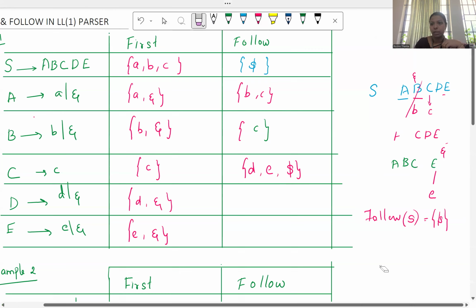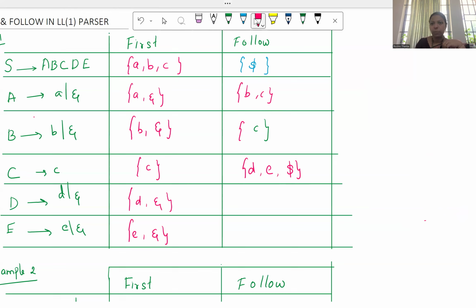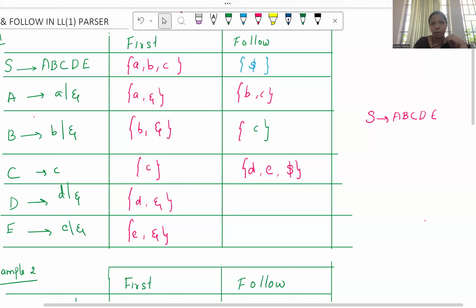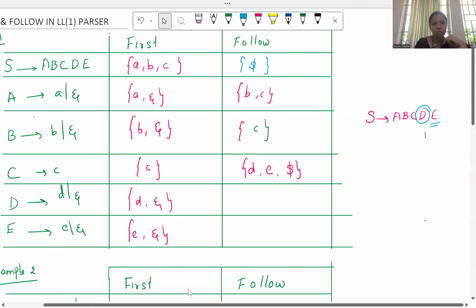Next, we have to find the follow of D. So how do you find the follow of D? In the right hand side of all the productions, you have to check where D is coming. If you see in the S production alone, we have D in the right hand side. So now we have to see who is following this D. E is following. So we have to say the first of E. What is first of E? It can be small e.